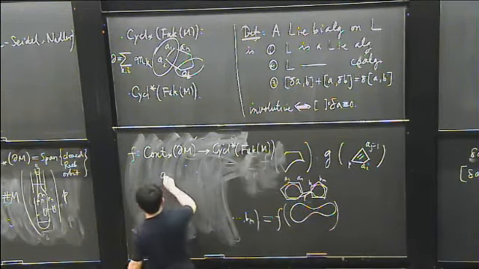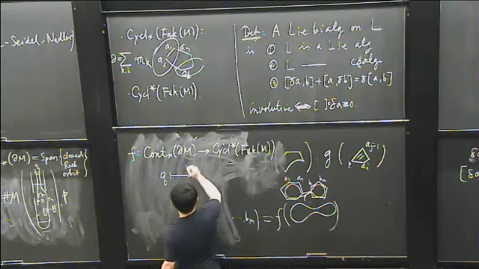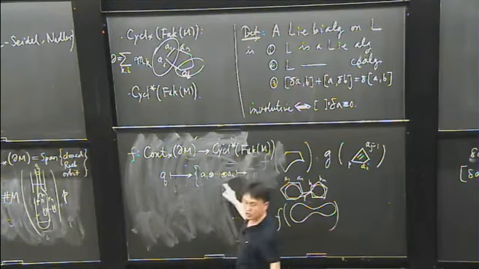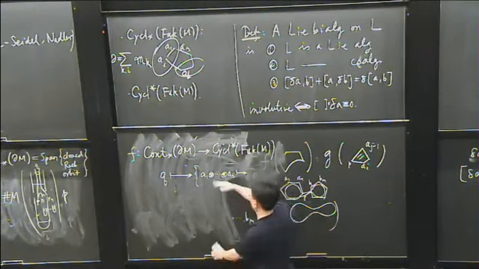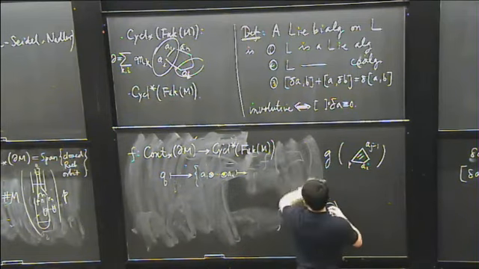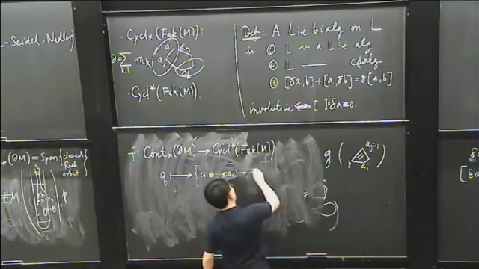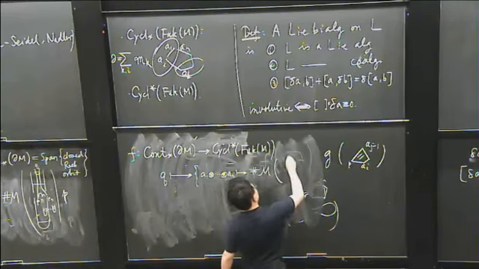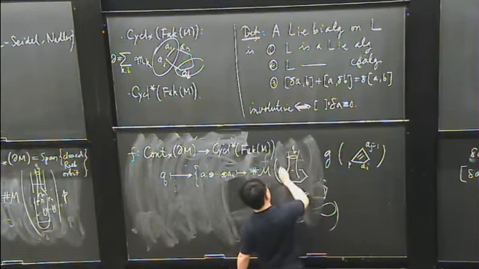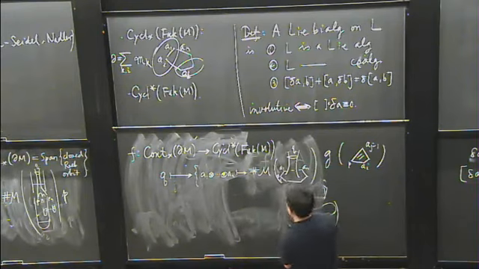Q is mapped to the following: A1 tensor through AN. This is a cyclic chain, a cyclic word generated by the morphisms. And this is mapped to the count of this: the J-holomorphic curve Q, with inputs A1, A2, through AN. So this is a number.